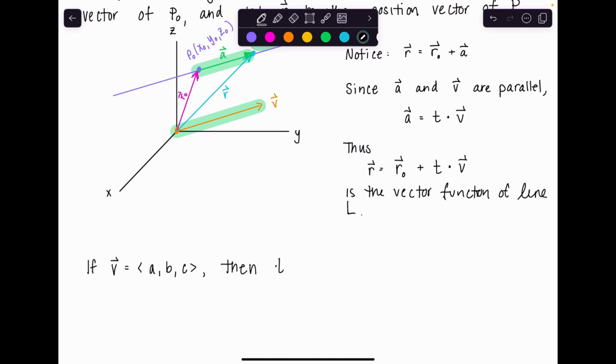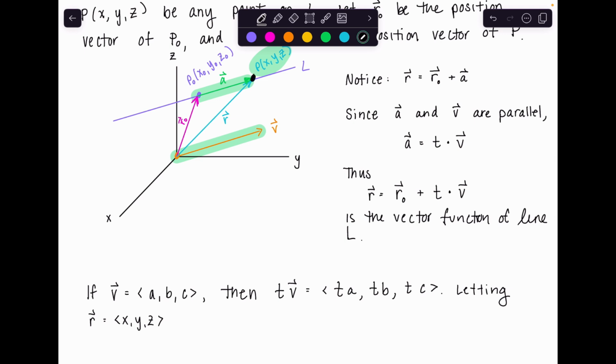then t times v is just going to be each of these numbers scaled by t. So letting the vector r have the components x, y, and z, because again, that is that position vector here. You just turn this into a vector instead.